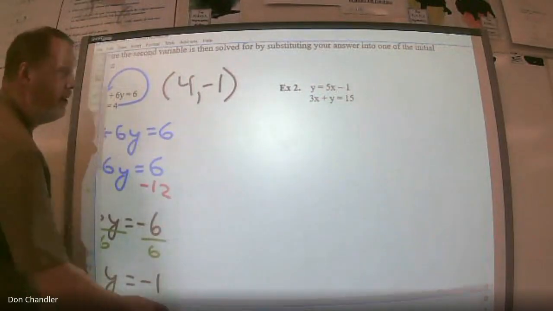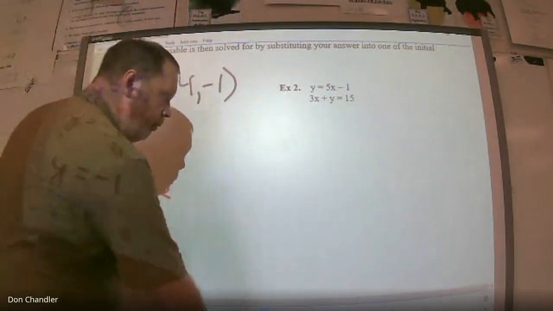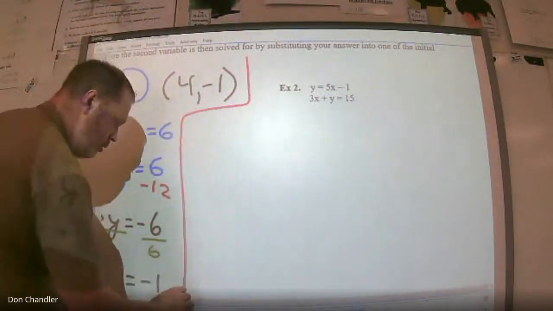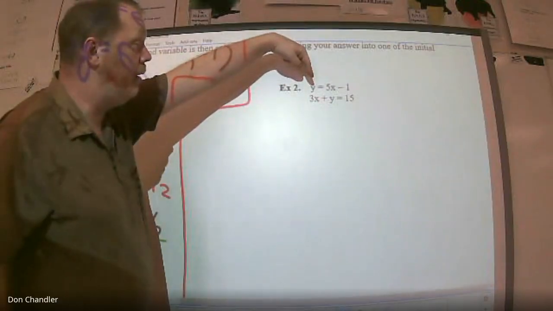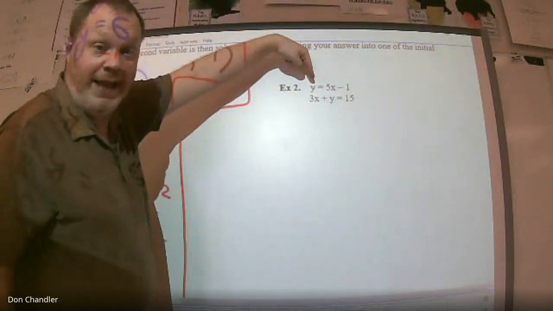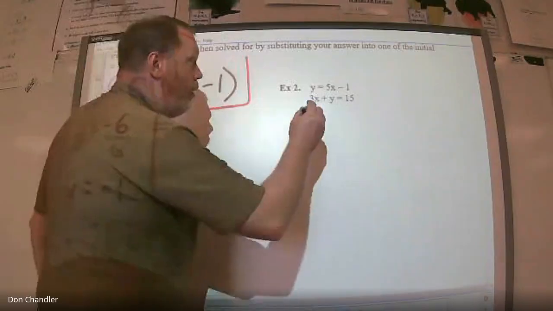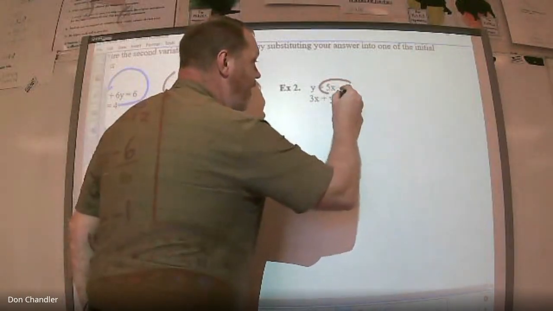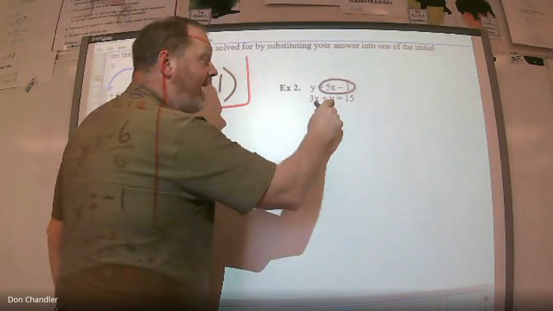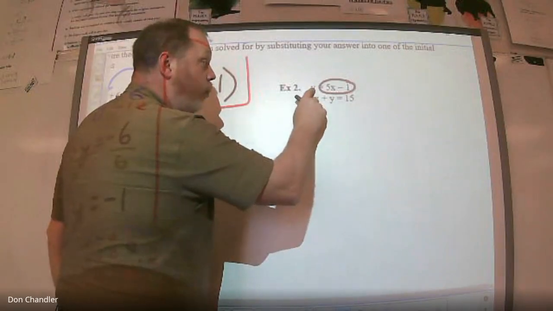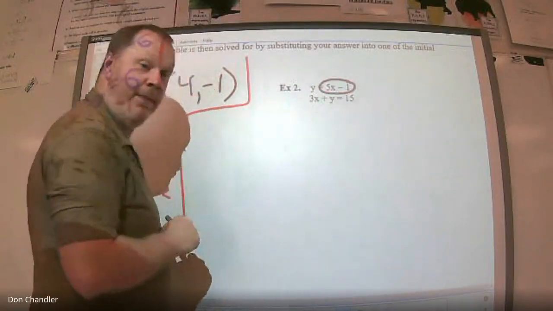All right, let's take a peek here. Example number 2. Now, example number 2 is a gift. It's already in y equals, which means we're about to take this 5x minus 1 and substitute it into that y, because y is 5x minus 1.